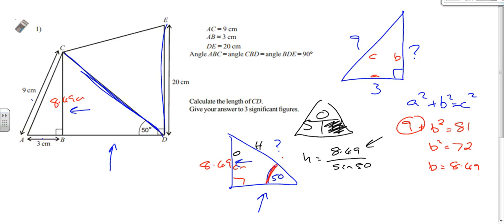If you just do that, divided by sin 50, you end up getting 11.1 centimeters. If you did 8.49 divided by sin 50, you get 11.08, which is still 11.1. So either way, you should end up getting this answer here. It's a little bit trickier to see, but that is usually how they ask the trigonometry questions.